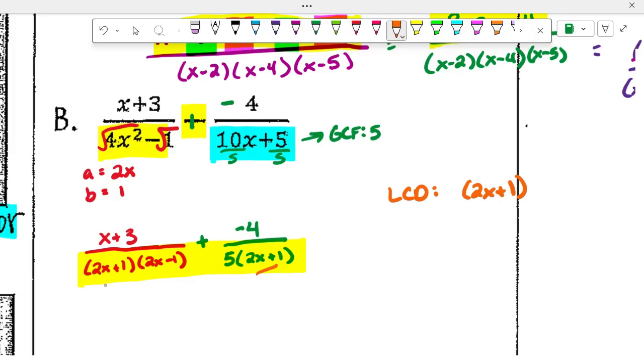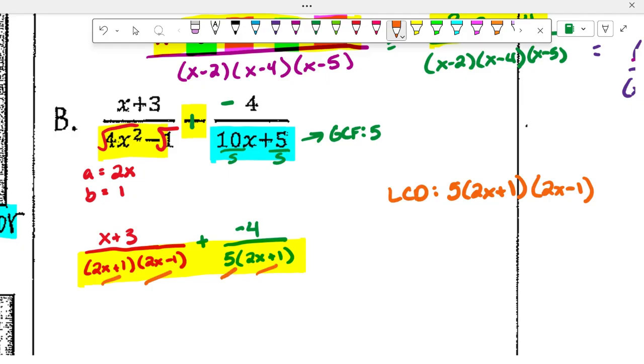So the 2x plus 1, and we don't want repeats. What else is still left in that denominator that we haven't said yet? 2x minus 1. So we covered that one, and there's one more value in the denominator that we haven't said. Yep. 5 is technically a factor, so that's part of it.